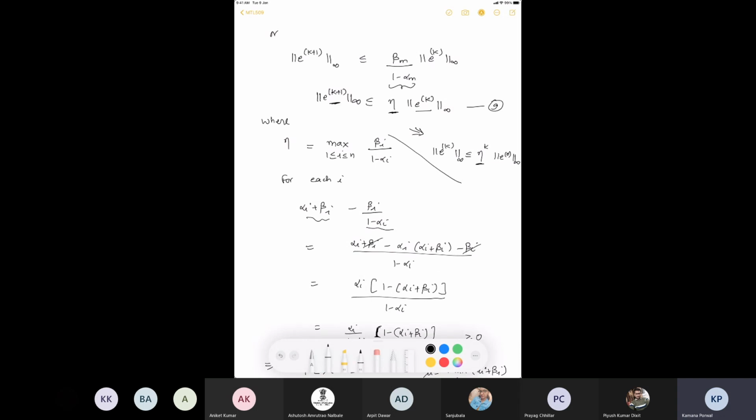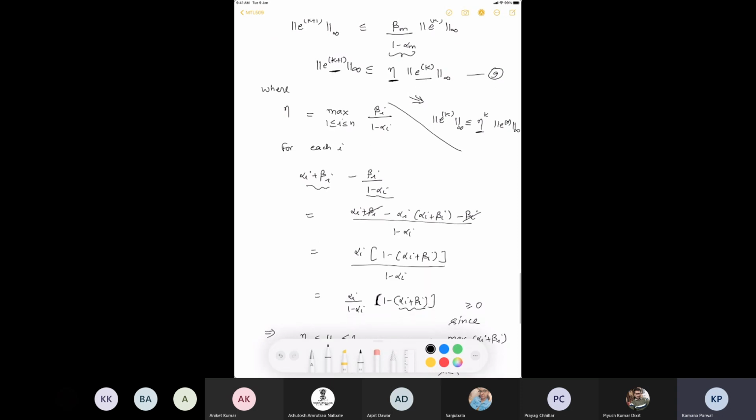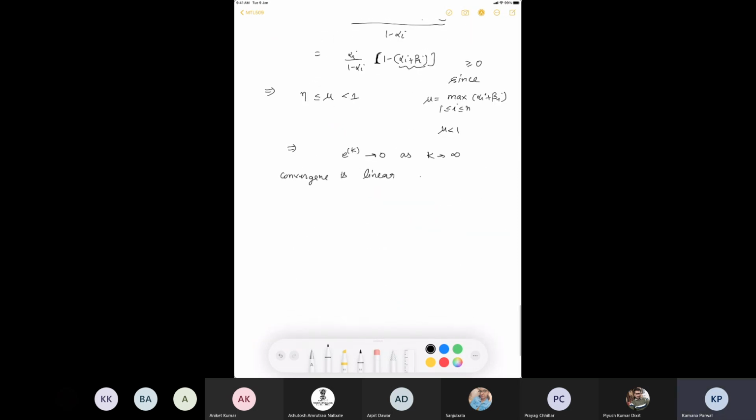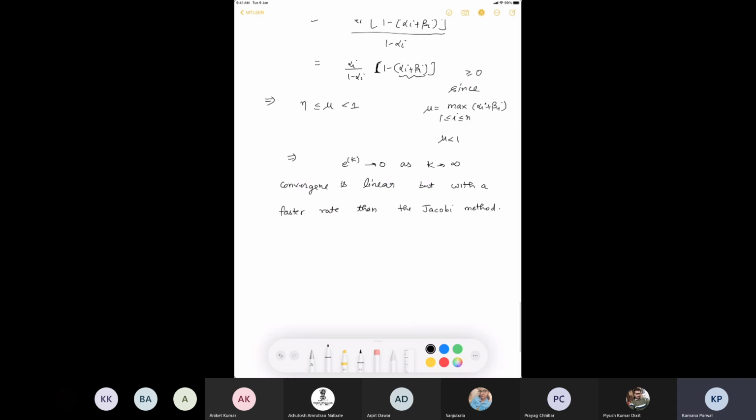But what is the difference here? You get a component eta, which is less than or equal to mu. So basically you are getting a faster rate of convergence in that sense. So the convergence is linear, but with a faster rate than the Jacobi method. Okay. So are there any questions here?